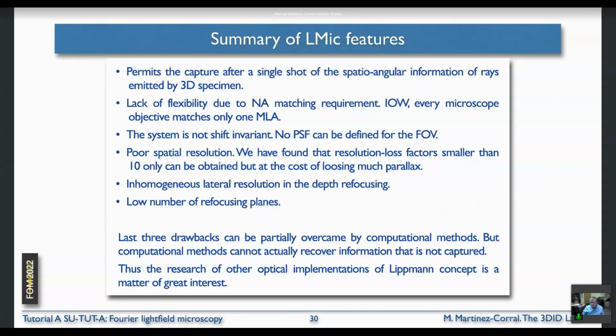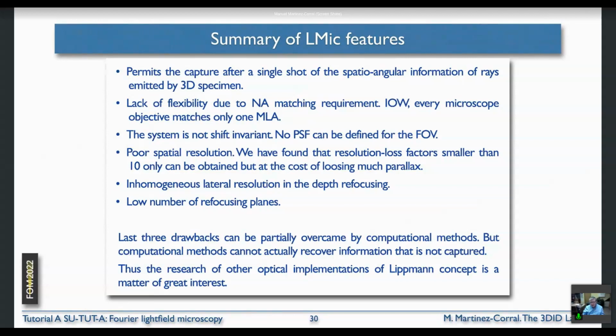Single shot means that you can obtain three-dimensional images of dynamic samples. It has a lack of flexibility due to the numerical aperture matching between the microlens array and the objectives. It means that if you have a microscope and you change the objective, you need to change the microlens array.